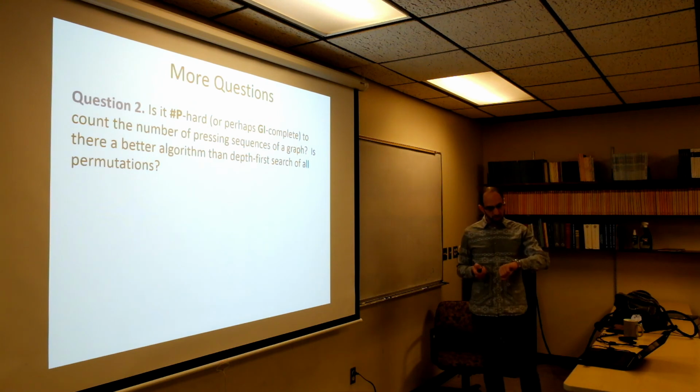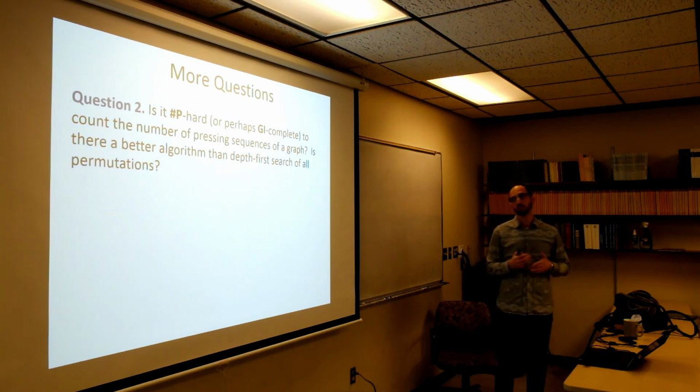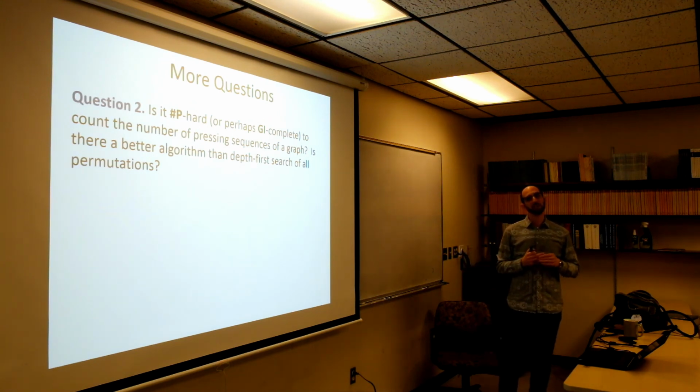All right, so some questions about this. We have a lot of unanswered questions. There's a little bit of evidence that counting the number of Pressing sequences is GI complete. That is, it's the same hardness as graph isomorphism, which surprisingly is the same hardness as checking whether 2 graphs are isomorphic, counting how many automorphisms there are of a graph, or isomorphisms between 2 given graphs.